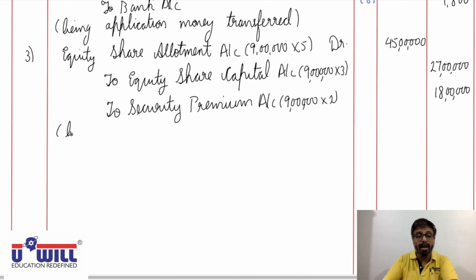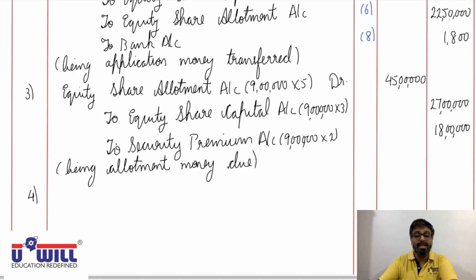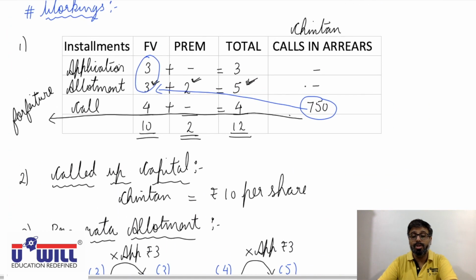Being allotment money due. Now, fourth entry, allotment money received. Now, all of you check the workings. Working note 1: do we have any calls in arrears in allotment?